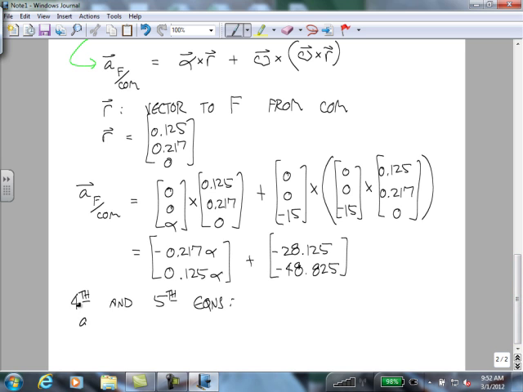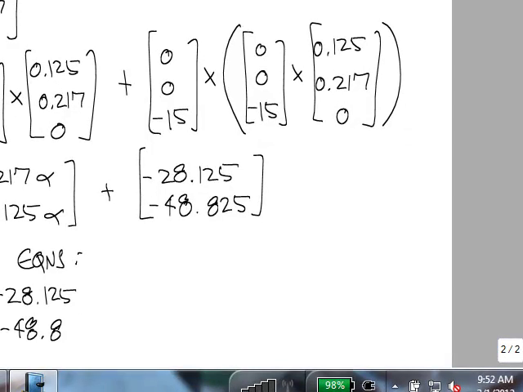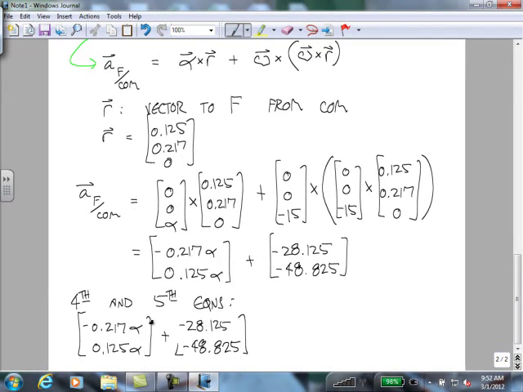So negative 0.217 alpha, positive 0.125 alpha, plus negative 28.125, negative 48.825, plus a COMX, a COMY is equal to 0, 0.